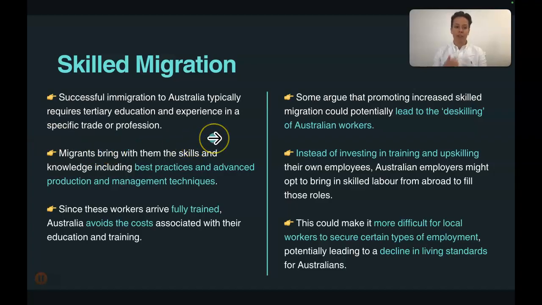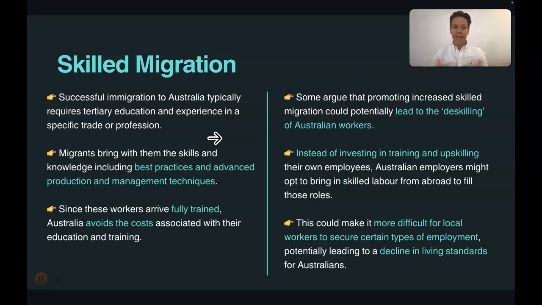Migrants bring with them the skills and knowledge, including, and I've put this in highlight because it's really important, best practices and advanced production and management techniques. They're really good at doing the thing that they're here to do. So if we have a skilled migrant come into the country, it's because they're going to offer a specific skill that we've been unable to satisfy with our domestic labour resources.